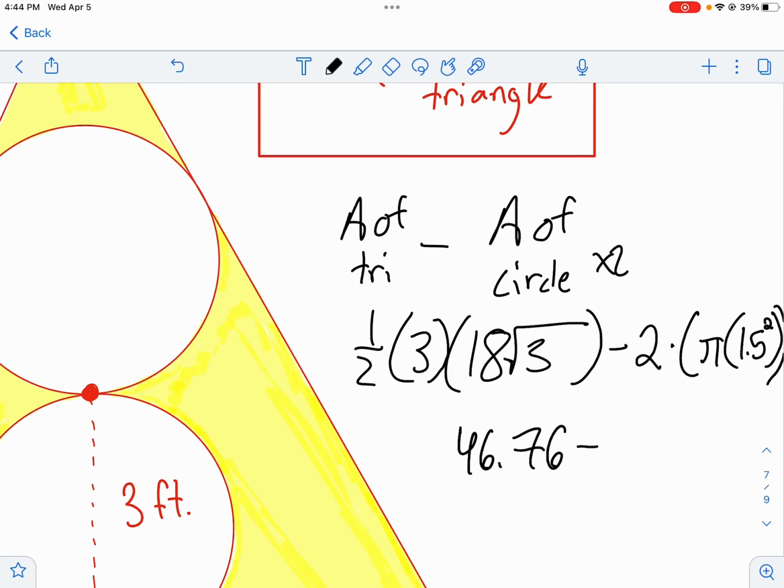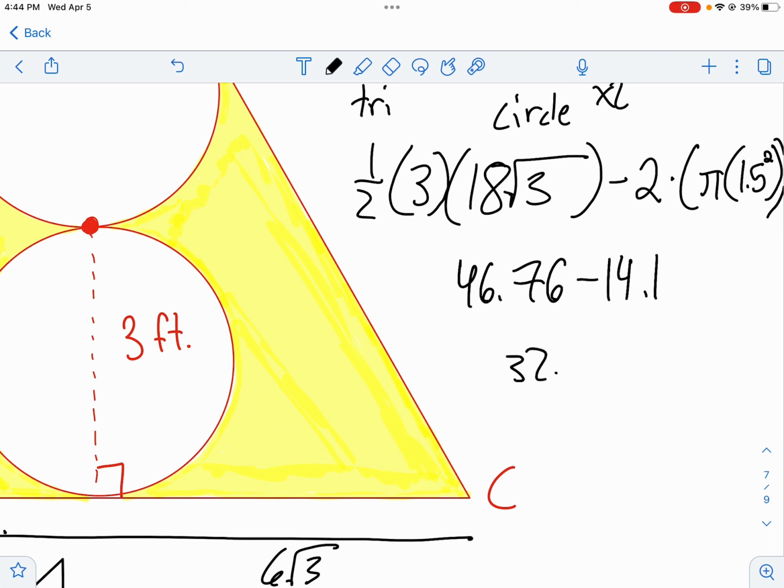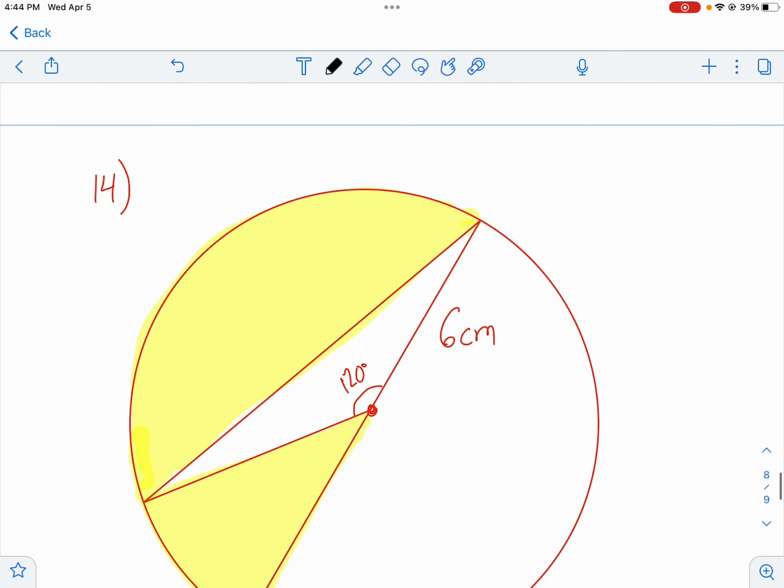I'm going to subtract from that 2 times pi times 1.5 squared, which is about 14.1. I'm going to take that 46 number, subtract the 14 number, and I get 32.6 units squared.